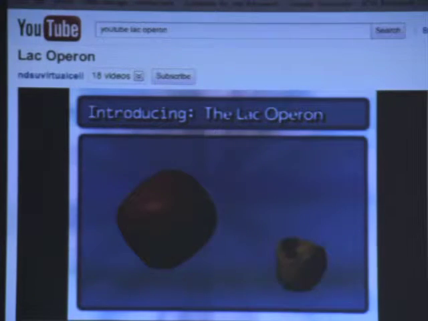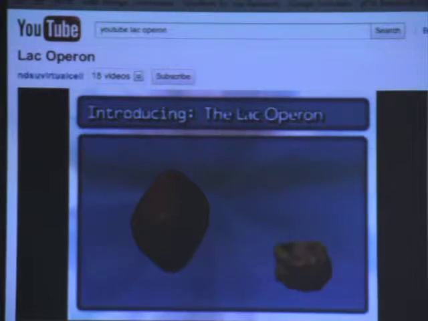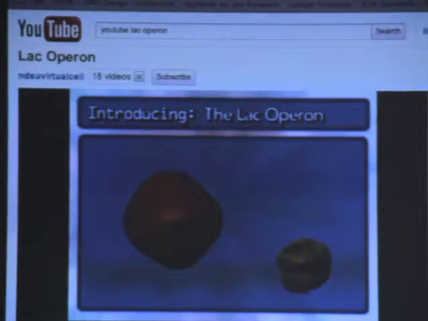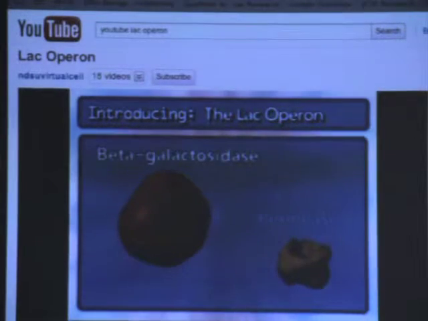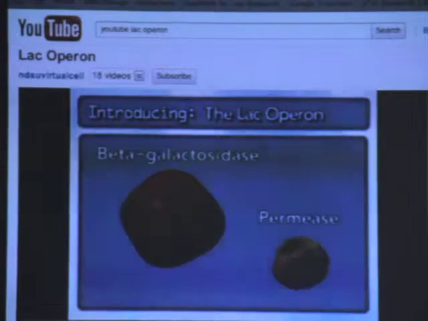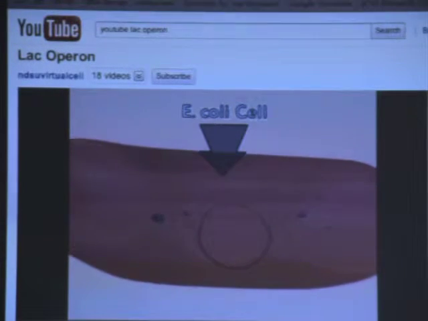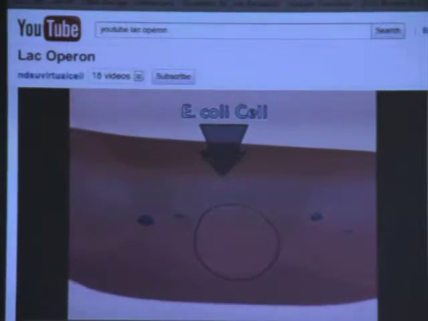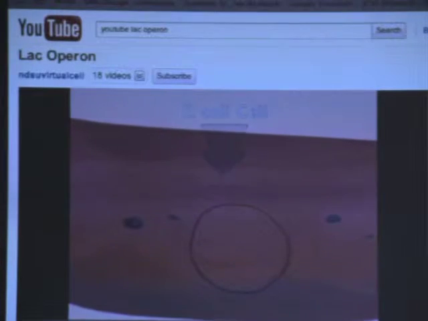This animation will only focus on 2 of the 3 proteins encoded by the lac operon: beta-galactosidase and permease. Gene expression can be induced or turned on when a specific inducer molecule appears in a cell.